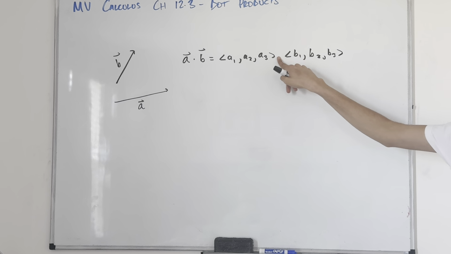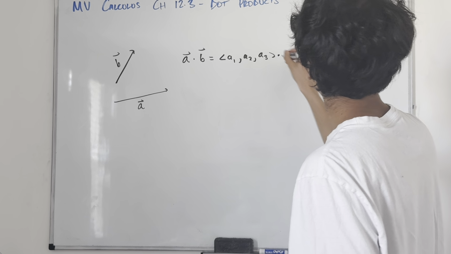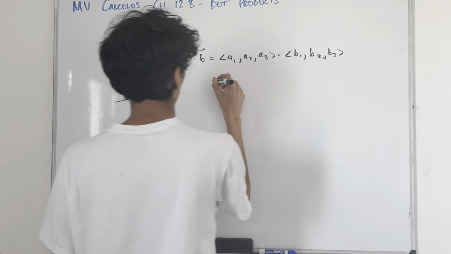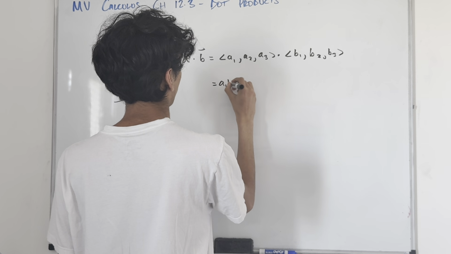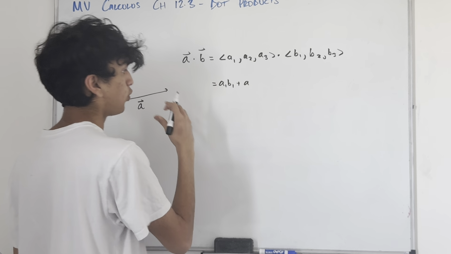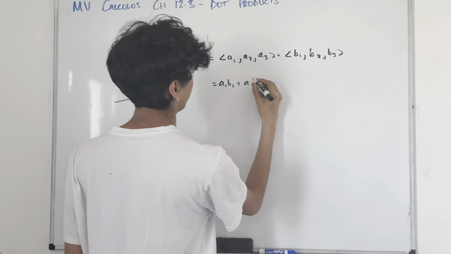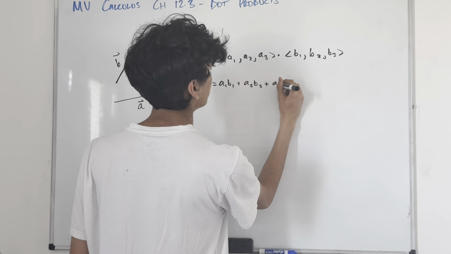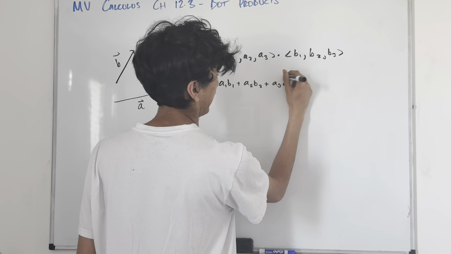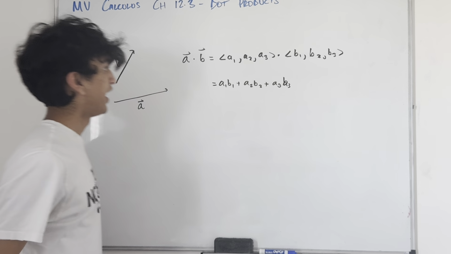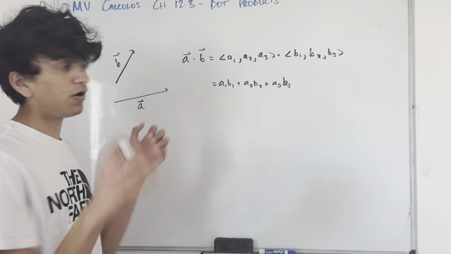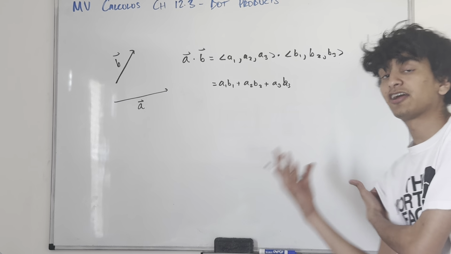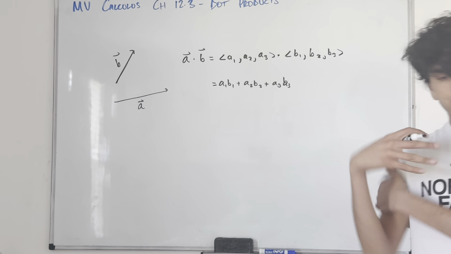You take the X components and multiply them, A1 B1, and then you add the product of the Y components, A2 B2. Then you add the product of the Z components, A3 B3. This sum of all the components multiplied is a dot product.